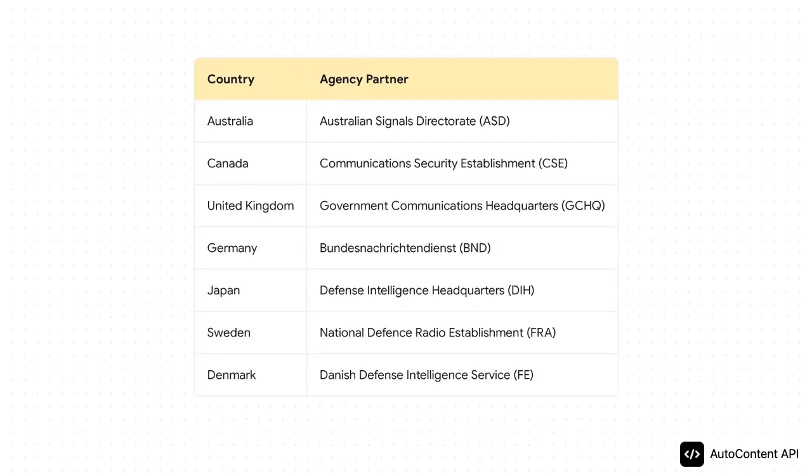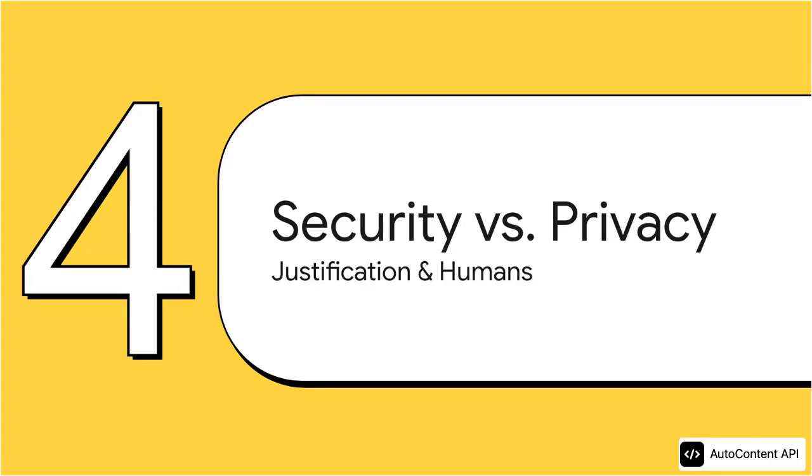Plus, the NSA isn't going out alone. They share the system, or at least access to it, with key intelligence partners in places like the UK, Australia, Germany, and Japan. This basically makes X-Keyscore the backbone of this massive international surveillance alliance, stretching its reach to every corner of the globe. Okay, so we've seen what it is, and we've seen how it works.